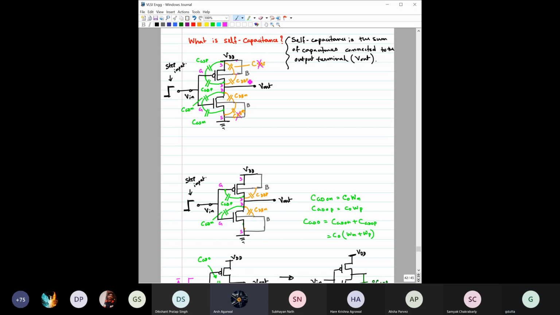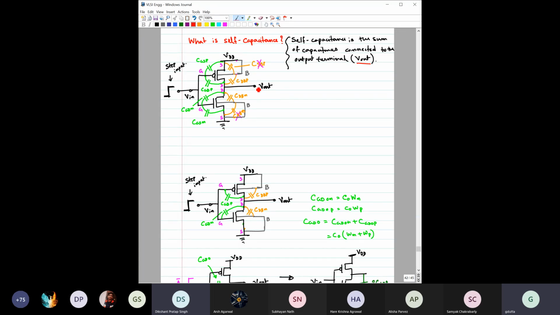Sir, can you please once again tell why CDBP and CDBN are in the current path, or why are they being considered? For this case, the one on screen. Why are CDBP and CDBN considered? Because we are now interested to see what capacitances are associated with or connected with this V out.